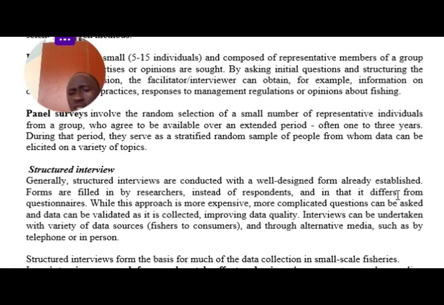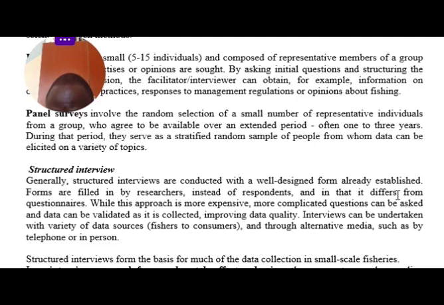With the structured interview, I told you that they are conducted within a well-designed form already established, a fixed research instrument. They are structured and filled in by the researcher instead of the respondent.